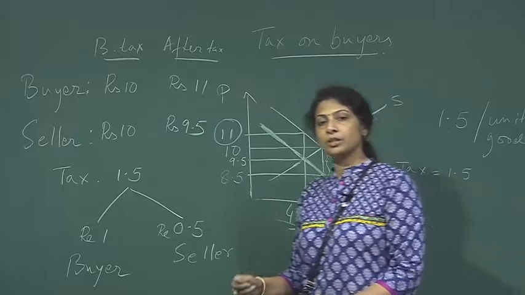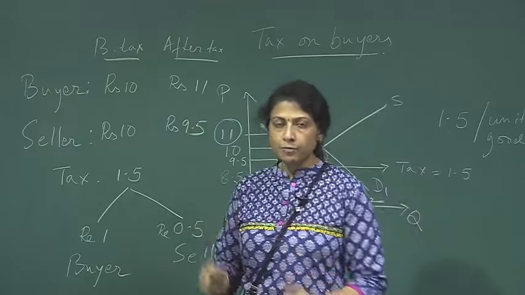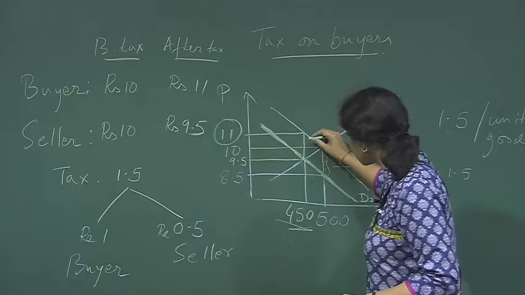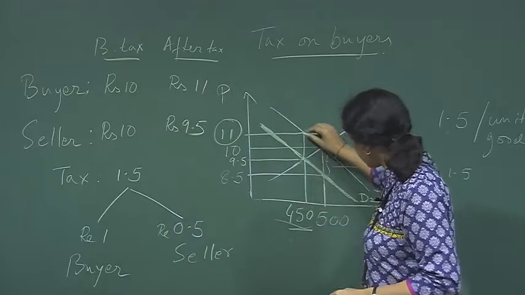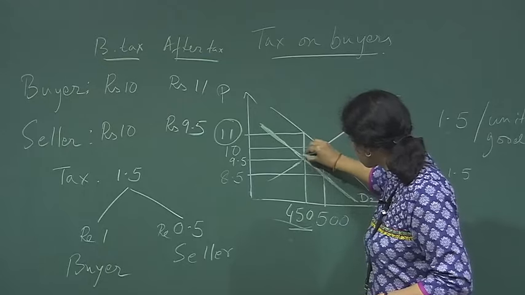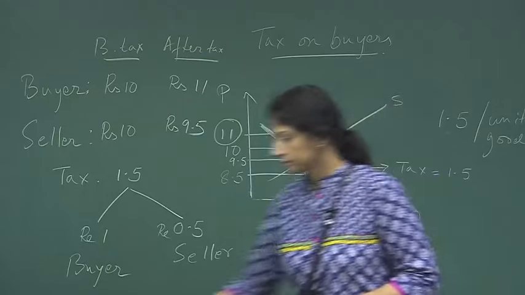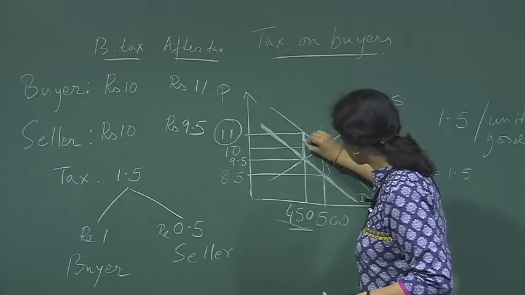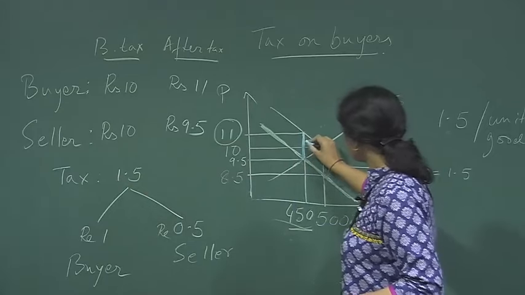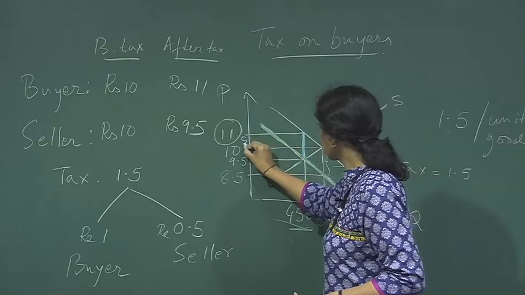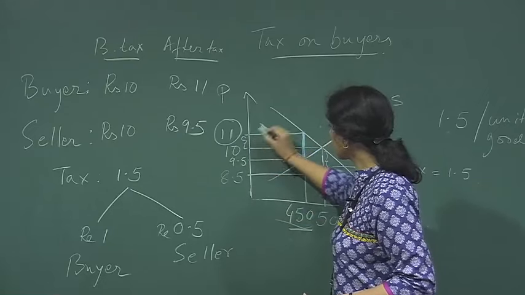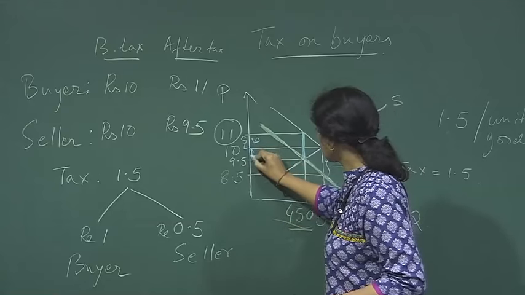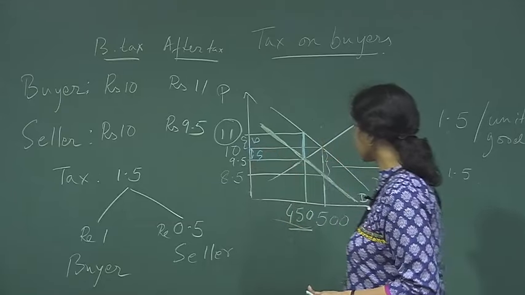Although the tax is on the buyer at 1.5 per unit of good, that 1.5 is getting split up. This is the amount of the tax of 1.5, and this amount is being paid by the buyer, and this amount is being paid by the seller.